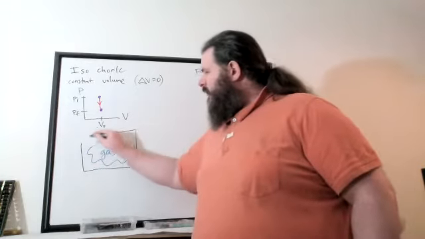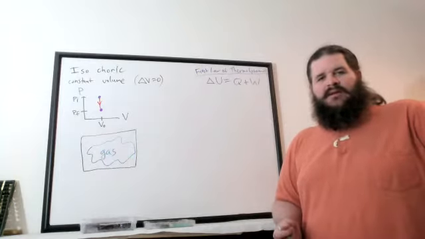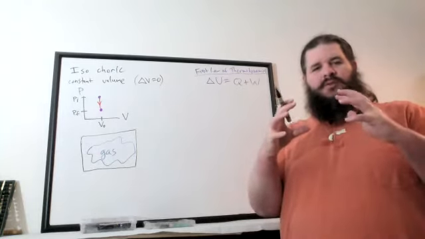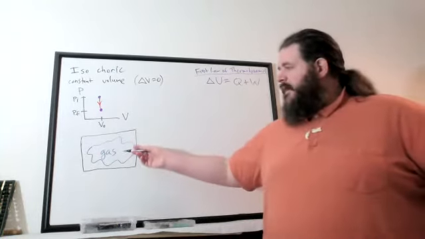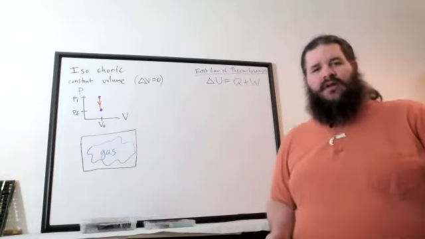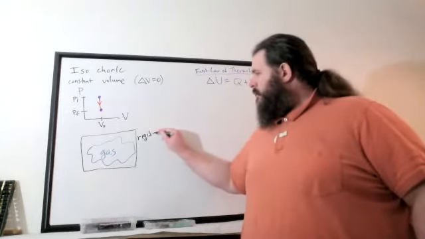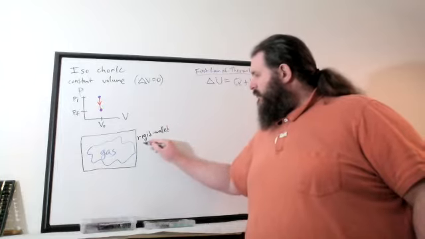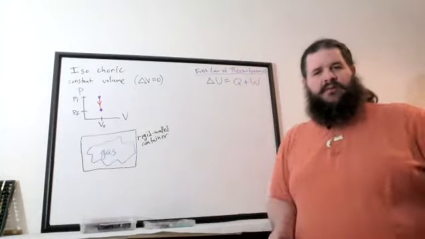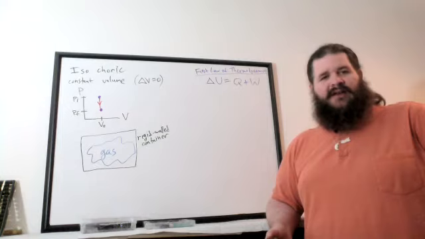I mean, technically these all need to be closed because we don't want any gas entering or leaving. But specifically, we want it to be closed in such a way that the walls do not move. We want this closed, rigid-walled container so that no matter what happens to the gas, the walls don't move, so the gas can't expand or contract. The gas is always taking up the same amount of space. So a convenient way to set up an isochoric experiment is to just put it in a rigid-walled container. This sealed box with completely rigid sides that cannot expand or contract.